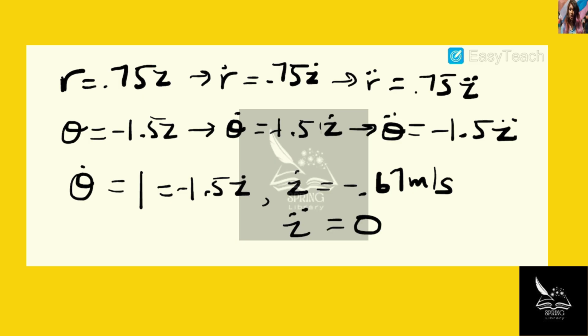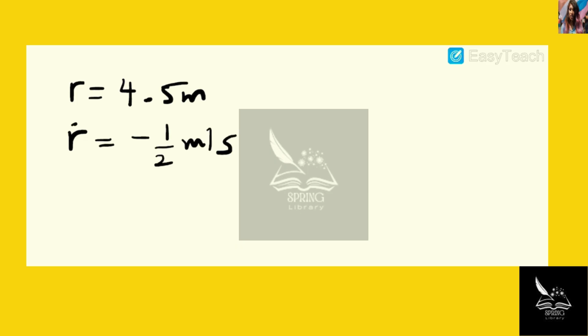Next, we can go ahead and solve for our r terms. Because we know at z equal to 6 meters, r is just equal to 0.75 times z. So this gives us r is equal to 4.5 meters. We know r dot is then equal to negative 1/2 meters per second. And we know that r double dot is equal to 0, and theta double dot is also equal to 0.